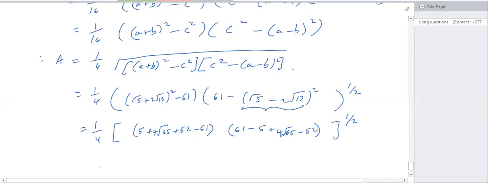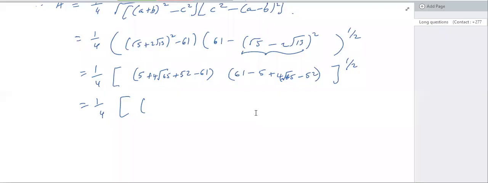So what we have here is quarter into, now 5 plus 52 will give me 57, minus 61, which is minus 4, plus 4 root 65, and then 61 minus 5 minus 52.